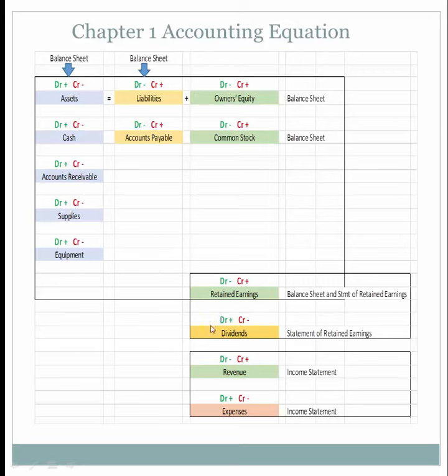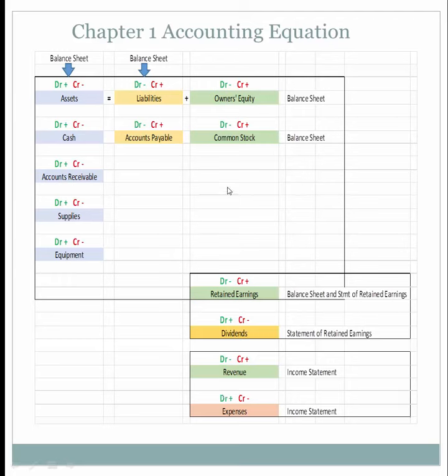Dividends, which decrease owner's equity, use a debit to show increases in dividends; effectively we are reducing the credit-based owner's equity. Revenue increases with the credit, and so therefore it increases owner's equity. Expenses increase with the debit, effectively decreasing owner's equity.